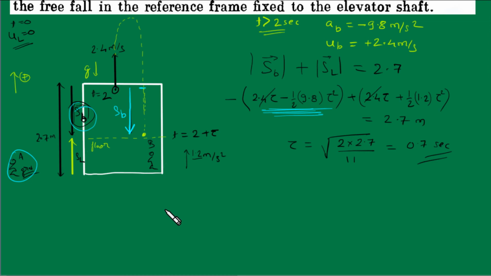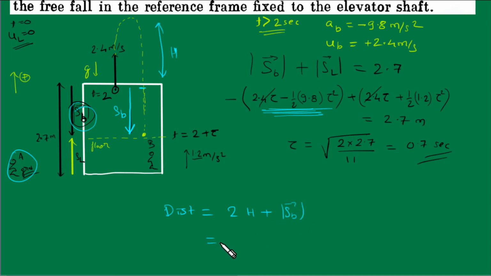So total distance will be equal to this plus this. Suppose the maximum height achieved by the particle above its original level is h. So I will say distance will be 2h plus magnitude of displacement.